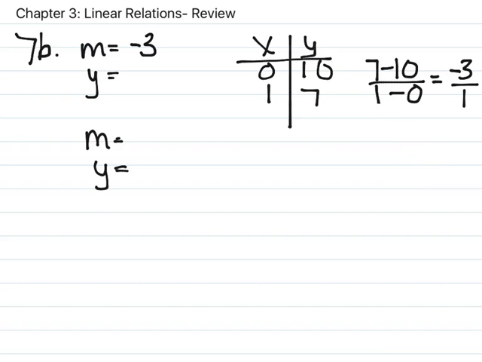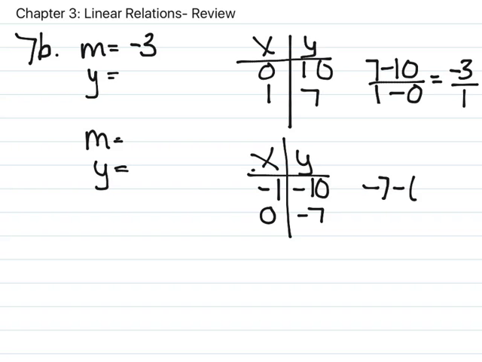And then for the second table, it would be x and y, so you have negative 1, negative 10, and then I'm going to choose 0 and negative 7 just so that I can stick with whole numbers. You'll notice that you've gone from negative 10 to negative 7.